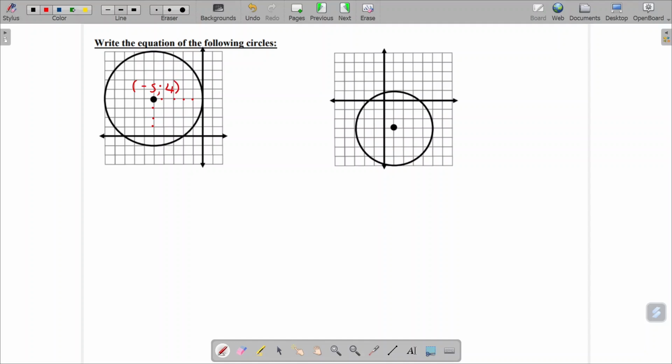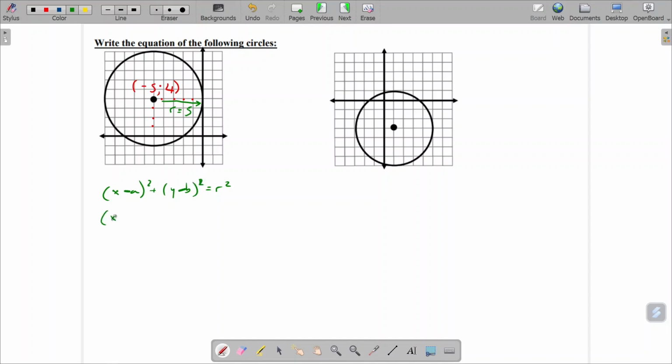Because of its shape, we can see that the radius is clearly 5. As a result, we can go to our formula, (x minus a) squared plus (y minus b) squared equals r squared, and simply plug those values in.